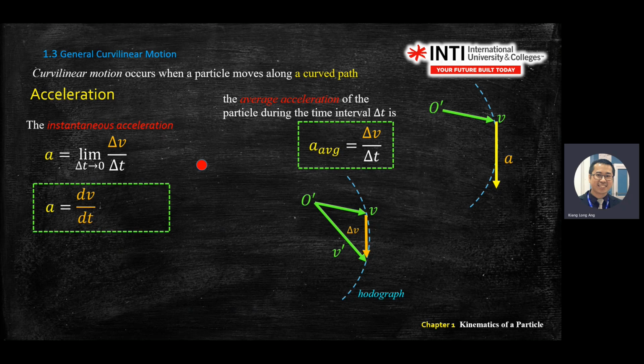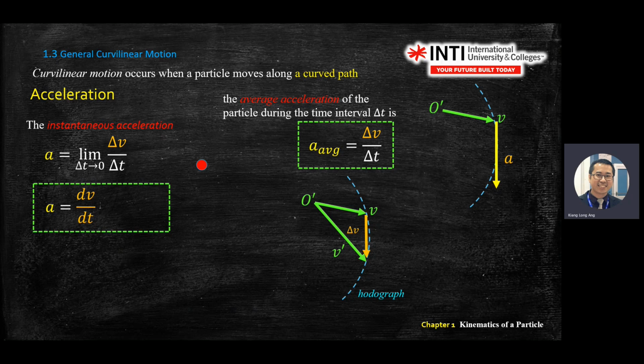I label it as yellow arrow A. And this A is not the same as velocity. Just now, I told you that velocity is tangent, 90 degrees. However, acceleration has no specific direction, you have to find where the direction is. So it is not necessarily 90 degrees. Don't confuse the acceleration vector direction.